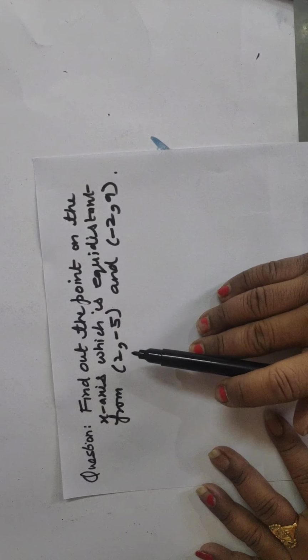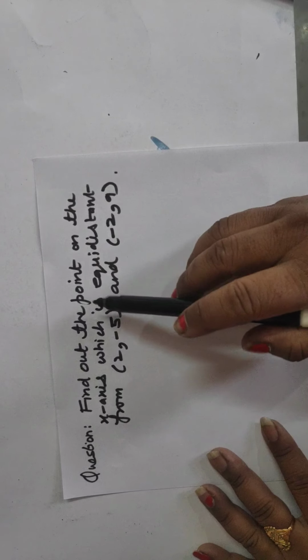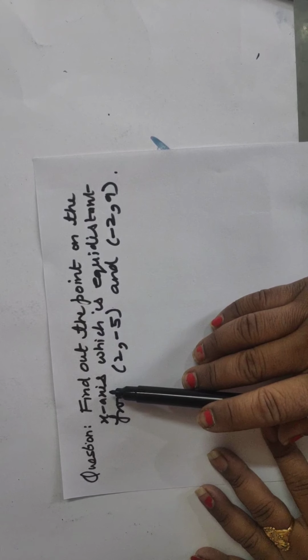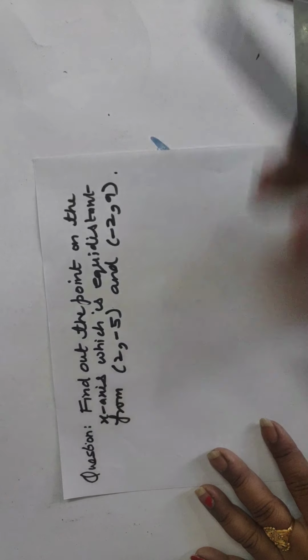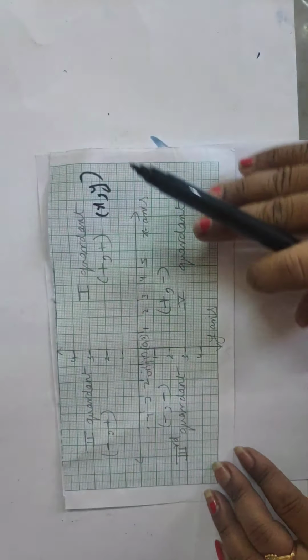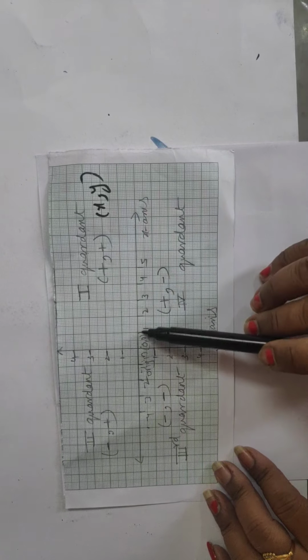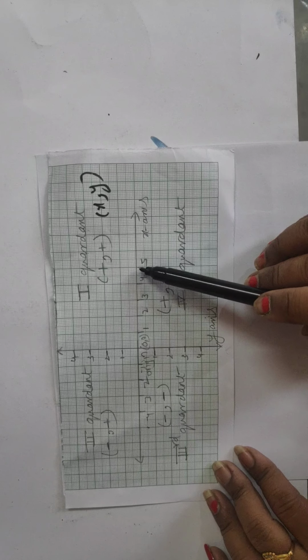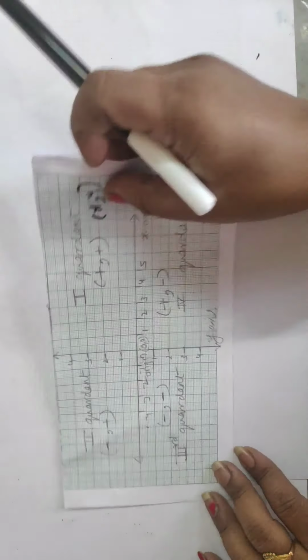We need to find the coordinates of the point that is on the x-axis. What I told you is, if the point is on the x-axis, the y coordinate will be 0. The value of y will be 0, only the x.